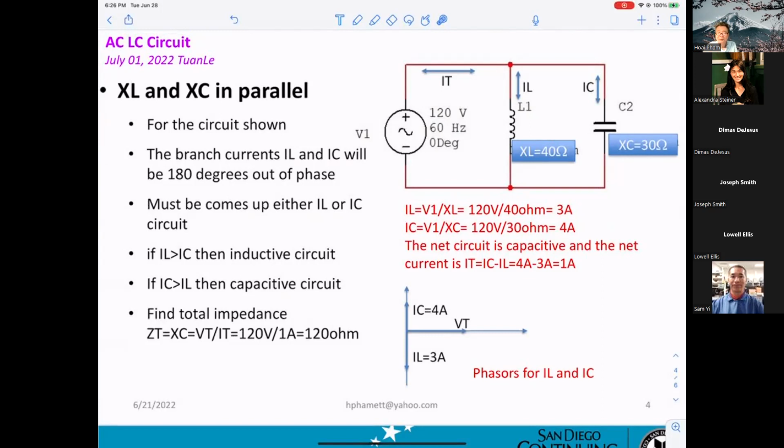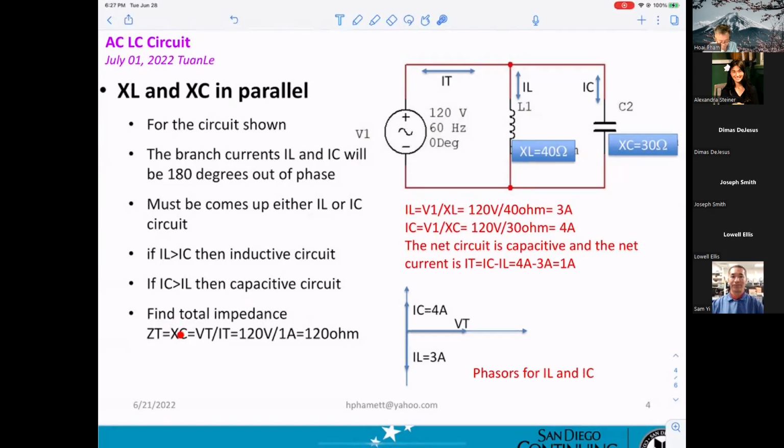Depending on the current, you come up with an inductive or capacitive circuit. If IL is higher than IC, the circuit will be inductive. If IC is higher than IL, it will be capacitive.